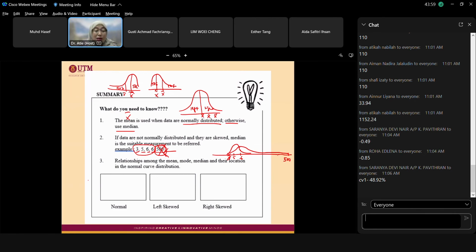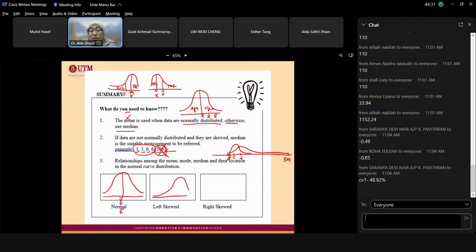Okay, then number 3, relationships among the mean, mode, median, and their location in the normal curve. You need to draw this one. This is the normal curve, all right? The mean, mode, and median will be at the center. If it is left skewed, it will be like this.